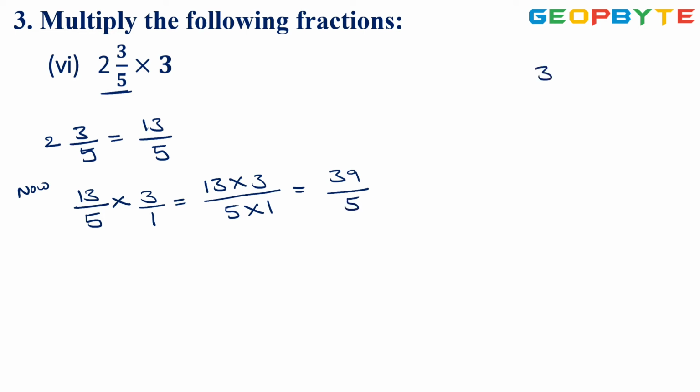Now here we have 39/5. So 5 sevens are 35 and the remainder is 4. So we can write quotient is 7 and here remainder is 4 and denominator is 5. So 7 4/5. So the result of 2 3/5 into 3 is 7 4/5.